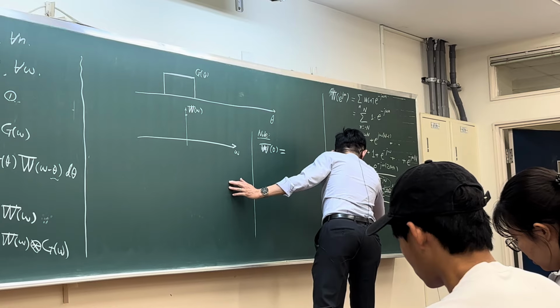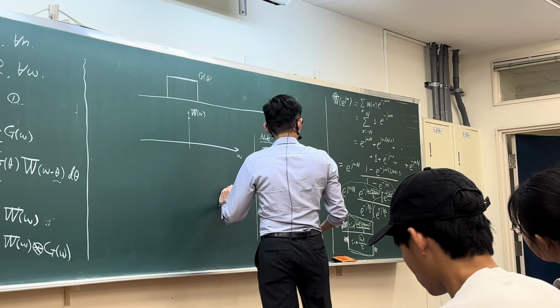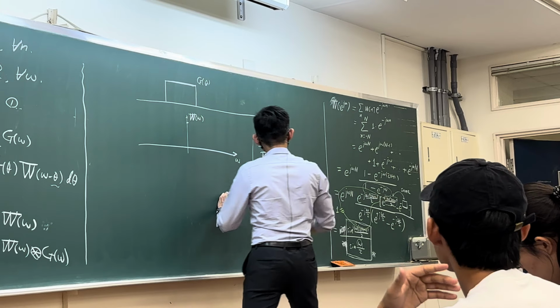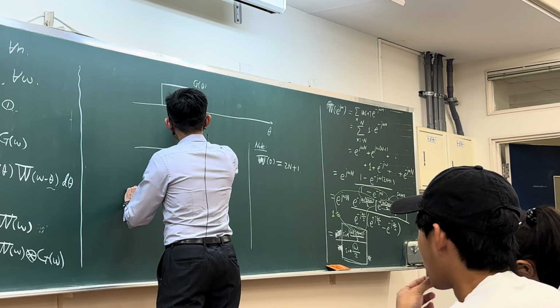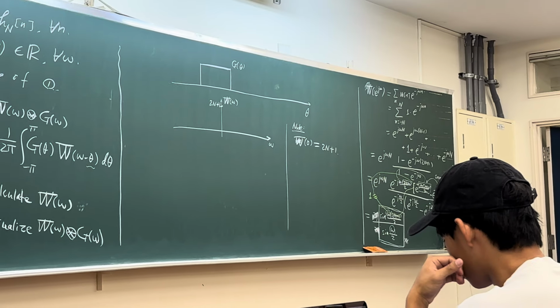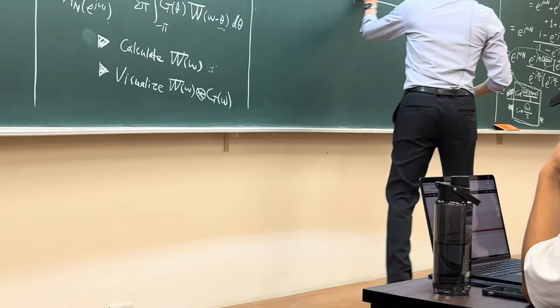Using L'Hopital's rule, the ratio should be 2N plus 1, so W(0) is 2N plus 1. Actually, I want to draw an even bigger picture right here.